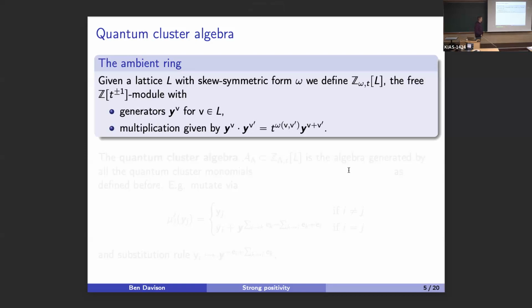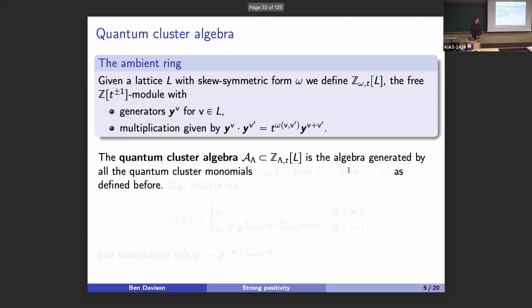And we do the thing that the last box on the previous slide was telling us we're probably going to have to do, which is instead of having these things multiply in the obvious way, we make them t-commute by introducing this extra factor here. Okay, so now choosing my skew-symmetric form to be this lambda, I get this quantum torus.